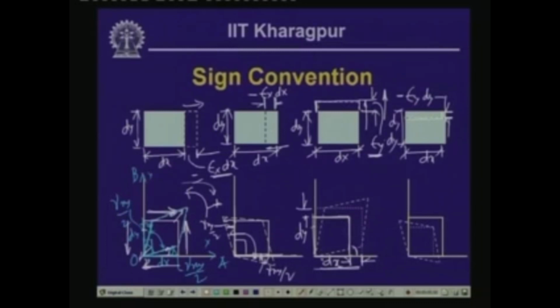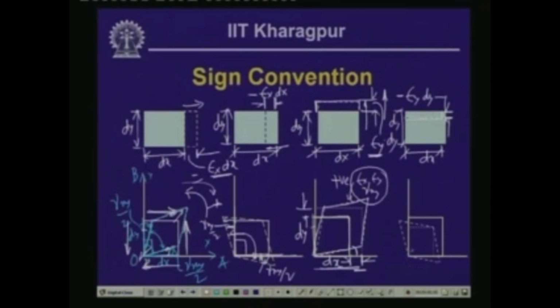So, the final position after undergoing epsilon x, epsilon y and gamma xy is the position that it is going to take. This particular configuration corresponds to epsilon x, epsilon y, gamma xy, where all are positive.